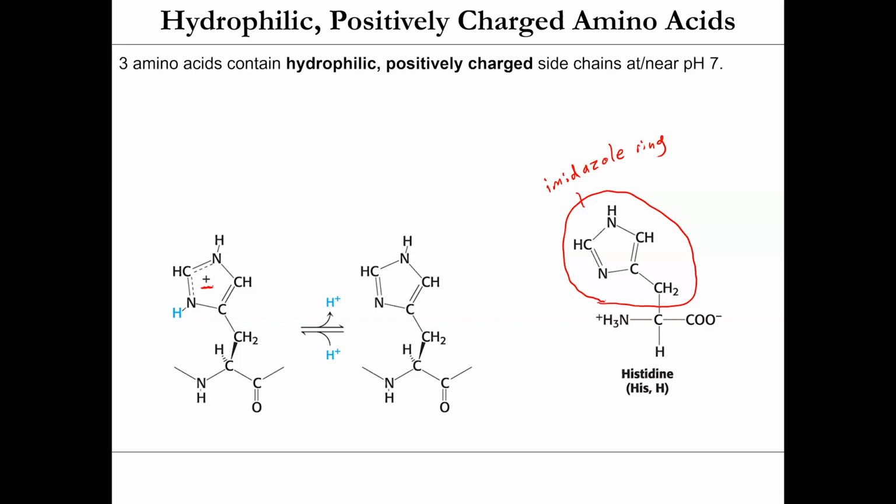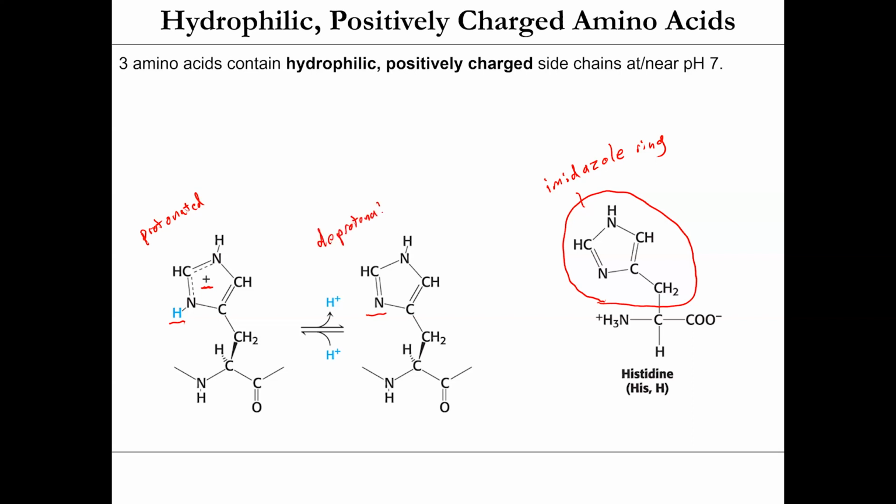Its pKa is close to pH 7, so there's going to be a combination of positively charged and neutral histidine molecules that are either protonated or deprotonated. So this is the protonated form, and this is the deprotonated form.